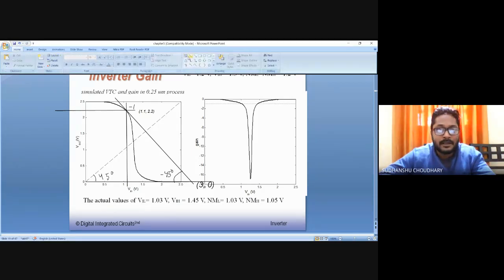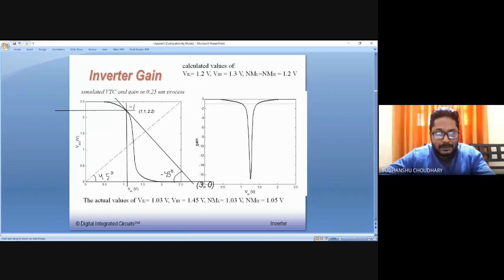If I draw a tangent through this slope, that may look somewhat like this, maybe I'll bring it a little bit here. Yeah, somewhat like this, right? This tangent. Or maybe let me extend it a little bit. This one, right? So at Vm, you are seeing gain of somewhere around minus 17 here.